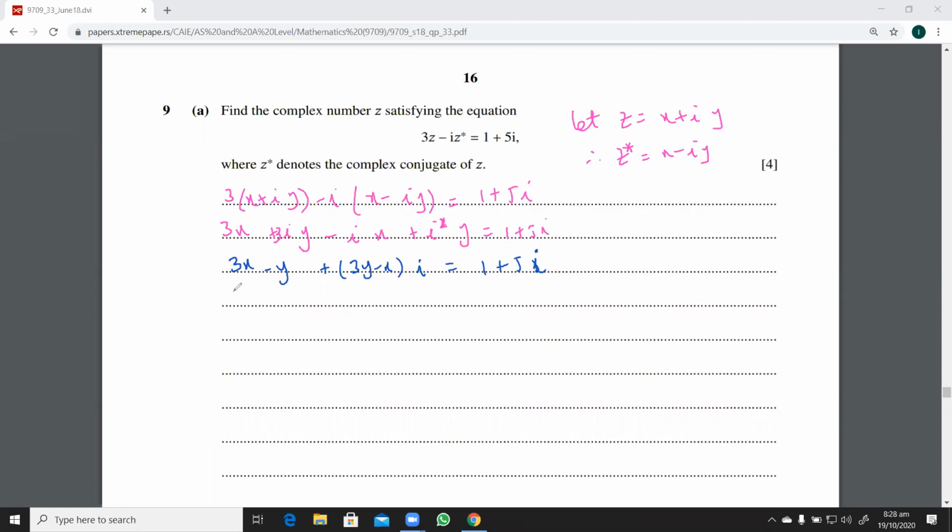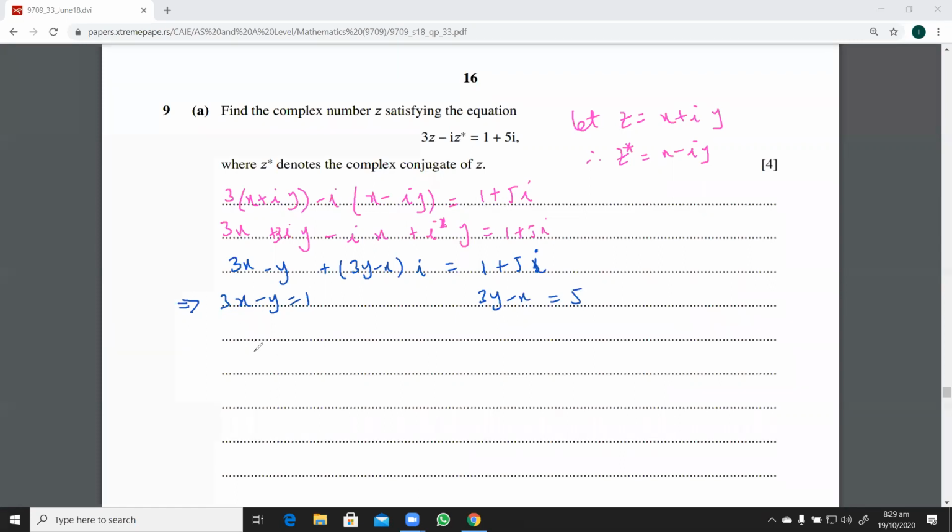So we put the real part equal to the real part and the imaginary part equal to the imaginary part. So this would give us 3x minus y equal to 1 and 3y minus x equal to 5. Then you solve these two equations simultaneously, and you will get to your solution.